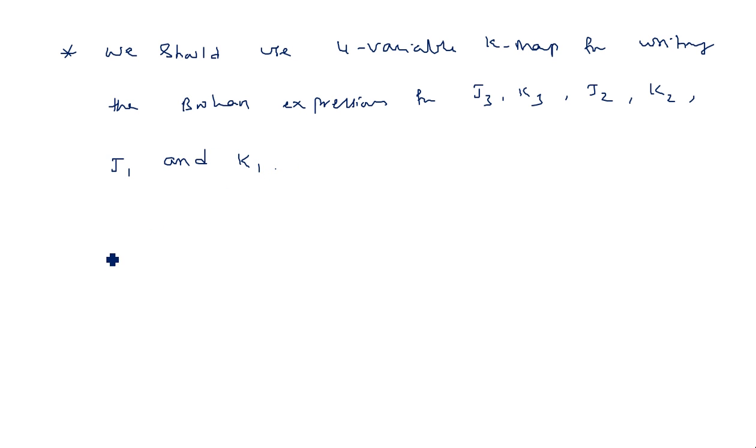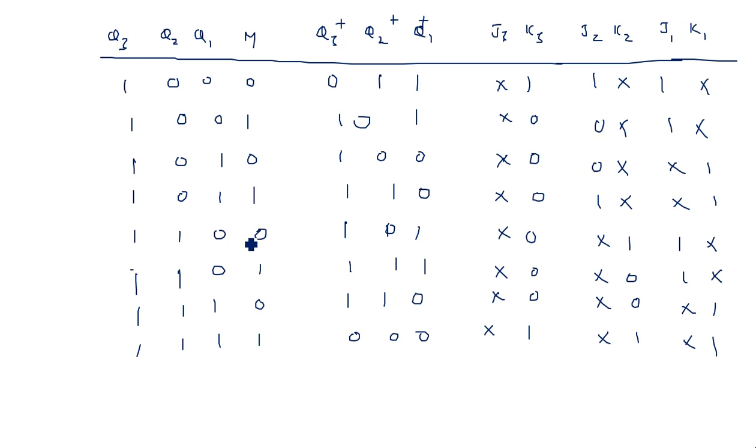Okay, so I am taking all the expressions directly because that will be taking a lot of time. Taking the 4 variable K map, mapping them and just finding the common product terms. You can also do it. We have done that multiple times.